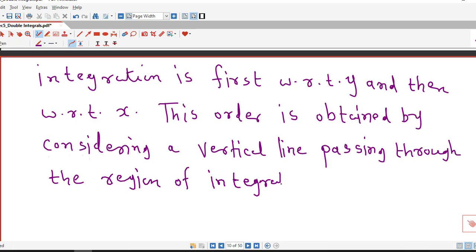So this is given information. This is what we are given in the given double integral.